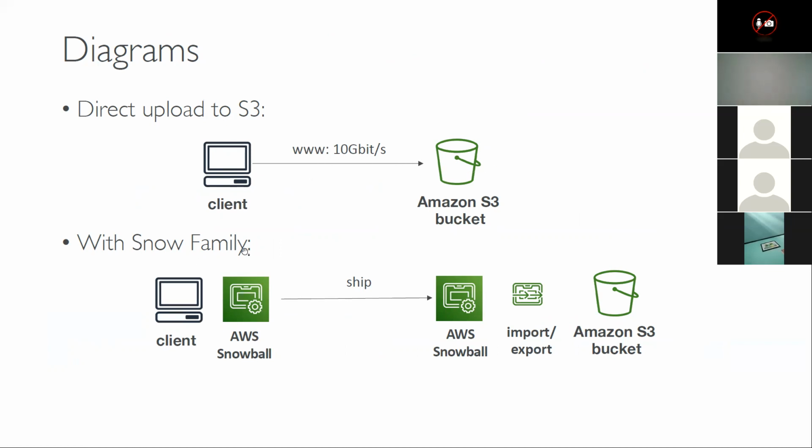So bakit, with Snow Family, you have to do lift and ship. Lalagay mo sa Snowball, na para siyang USB drive, i-ship mo sa nearest edge, Singapore. Si Snowball na yun, i-attach sa Amazon S3, kakopy niya. Na parang USB na malaki lang yan. Yan ang Snow Family.